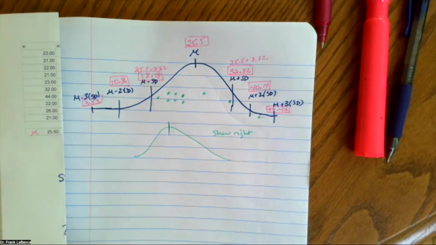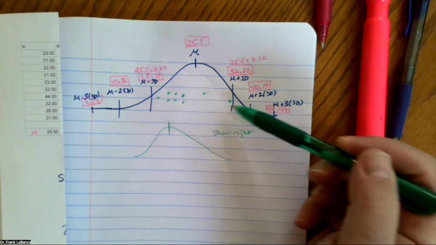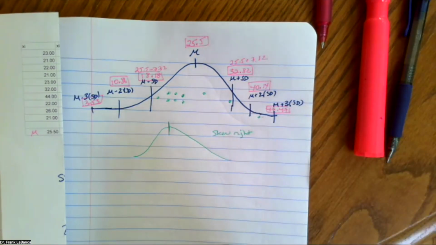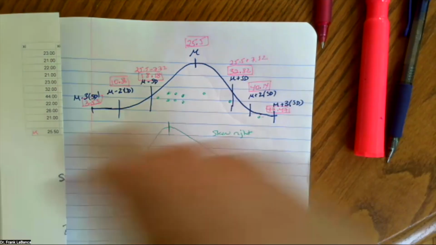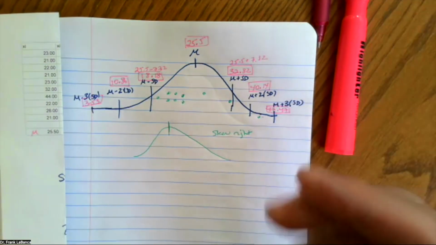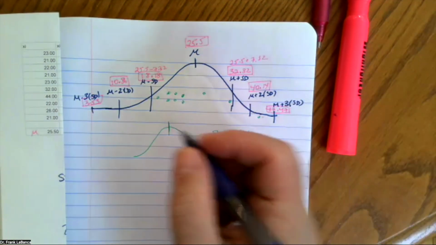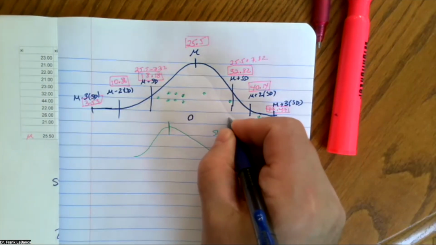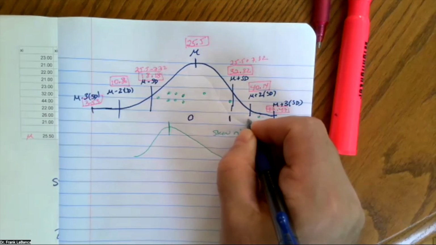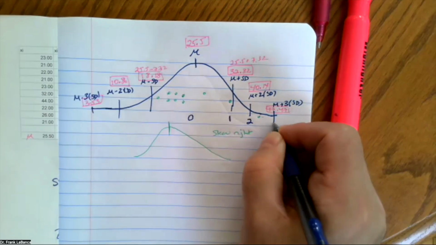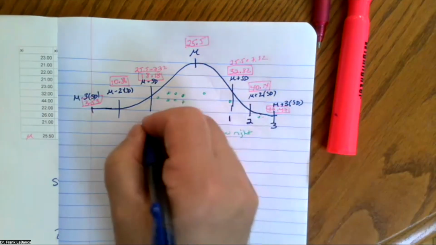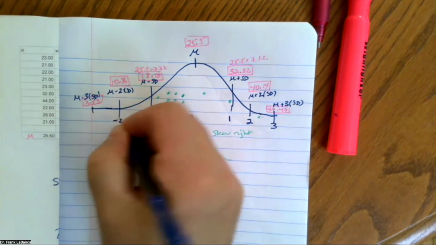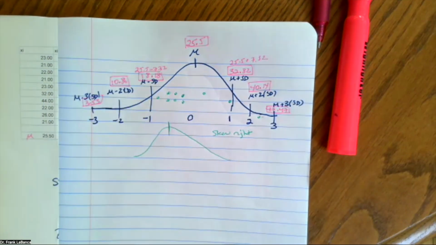Now, the z-scores are basically standardizing these values and putting them on a different scale, where the z represents the standard deviation. So if I put z-scores on the bottom here, this is a z-score of 0. This is a z-score of 1, a z-score of 2, a z-score of 3, -1, -2, -3.